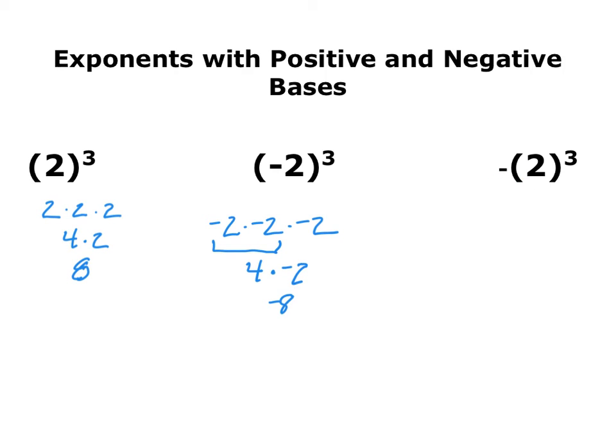So I'm going to write it this way. 2 times 2 times 2 inside parentheses, and my negative sign on the outside. So I know that inside parentheses, 2 times 2 times 2 would be 8, and then at the end, I change the sign because we're really multiplying that 8 times a negative 1. And I know 8 times negative 1 would give me a negative 8.